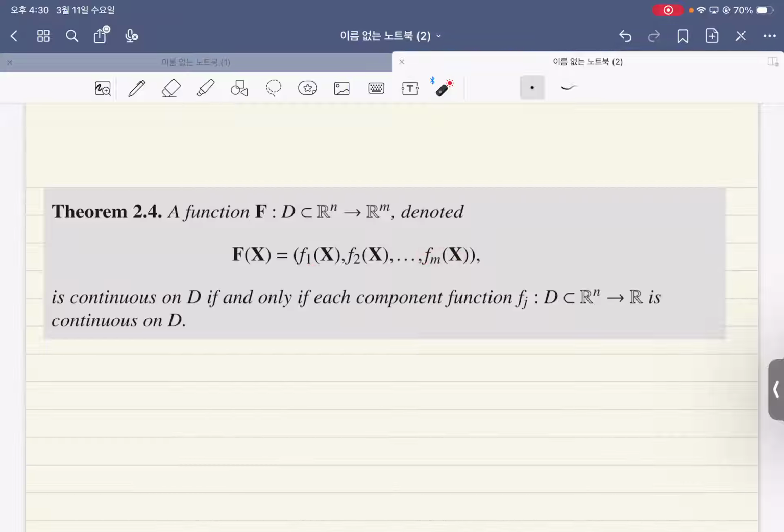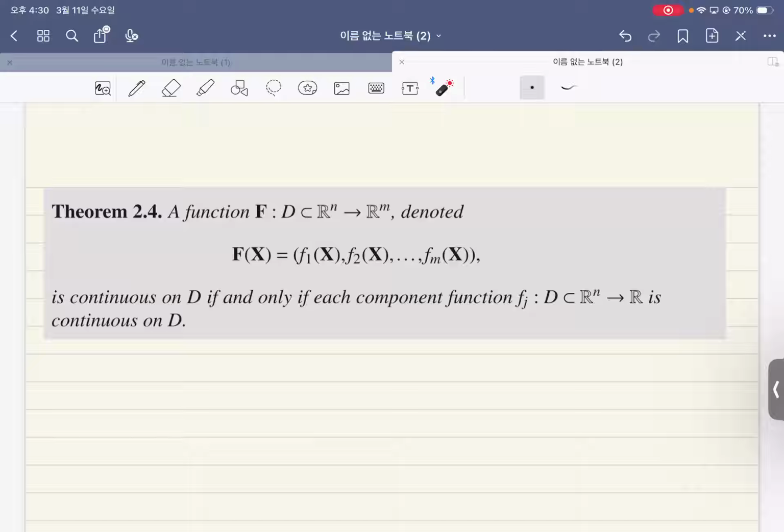And each of these component functions is a function from Rn to R, right? They are all real valued functions. So this theorem says the function is continuous if and only if each component function is continuous. So continuity of the vector valued function is the same as continuity of all these component functions.